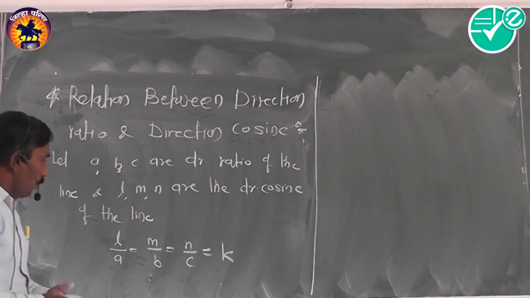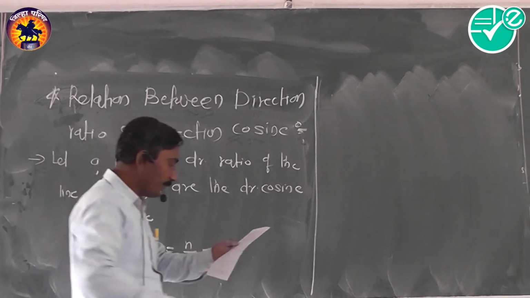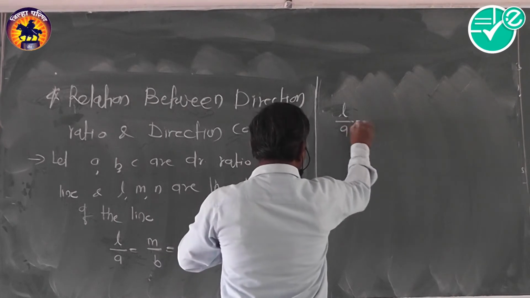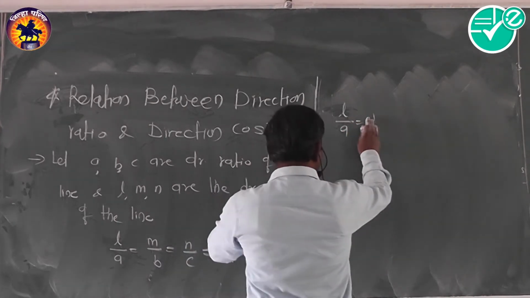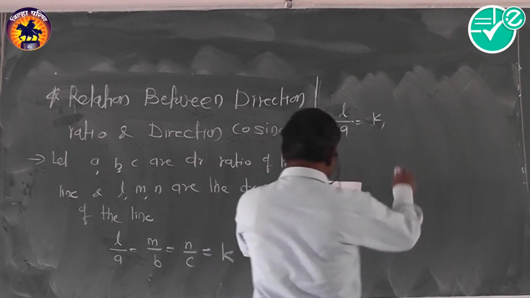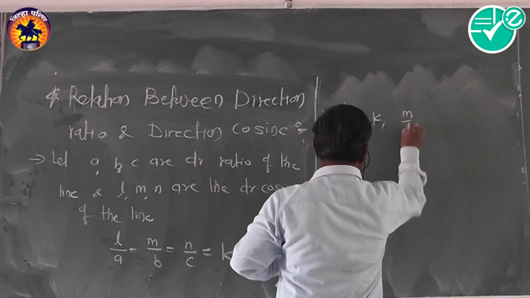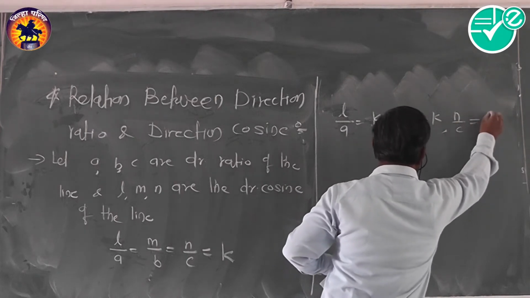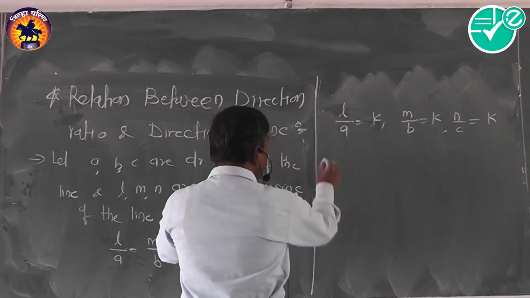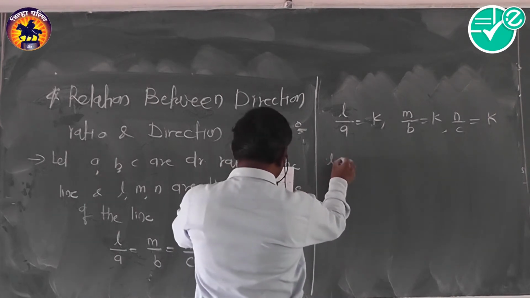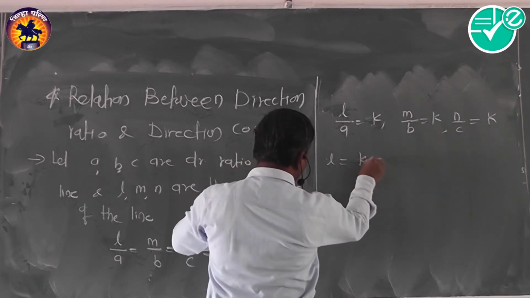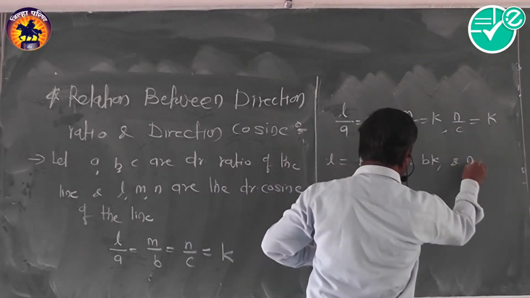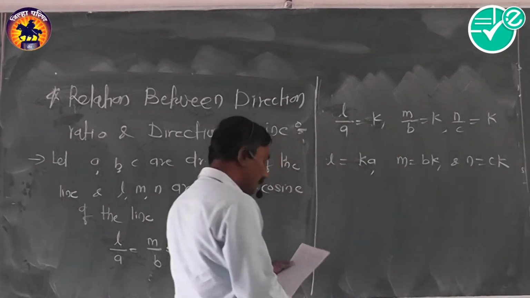Now, what will be the relation? l divided by a is equal to k, m divided by b is equal to k, n divided by c is equal to k, that is l is equal to ka, m is equal to bk, and n is equal to ck.